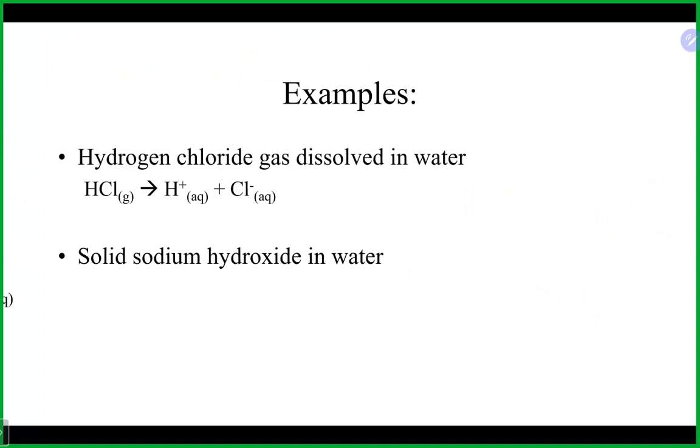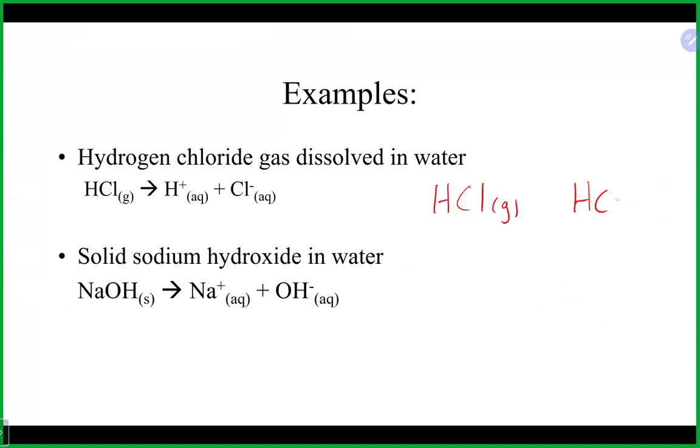So if you take hydrogen chloride gas and you put it through water, you will get hydrochloric acid. And same thing with sodium hydroxide. If you dissolve it in water, you'll get sodium hydroxide solution. So remember, naming wise, there is a difference in these two. This in the gas phase is usually referred to as hydrogen chloride.